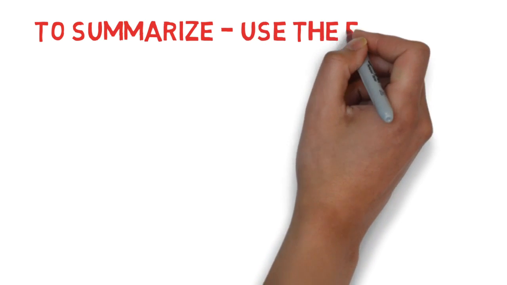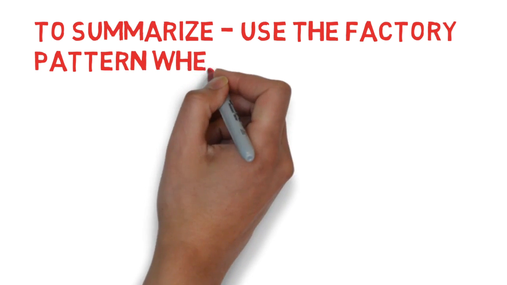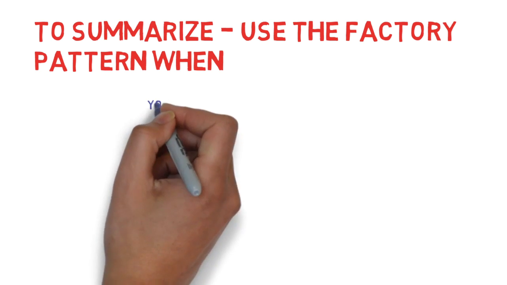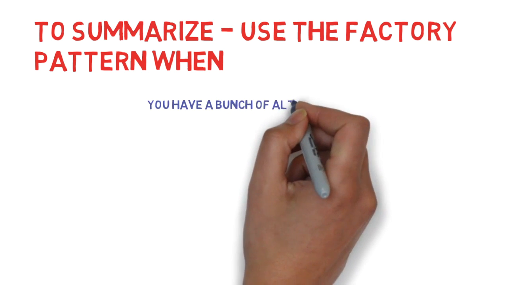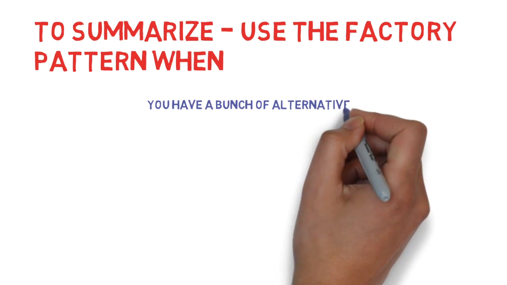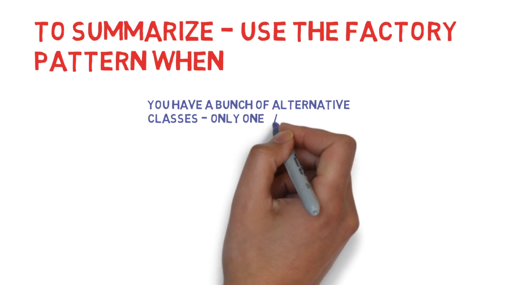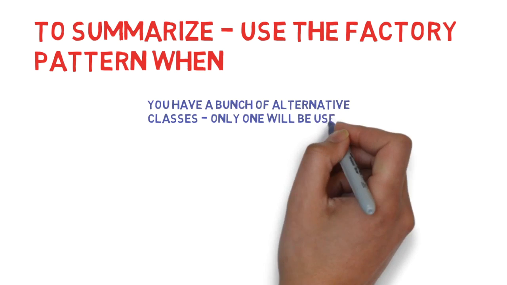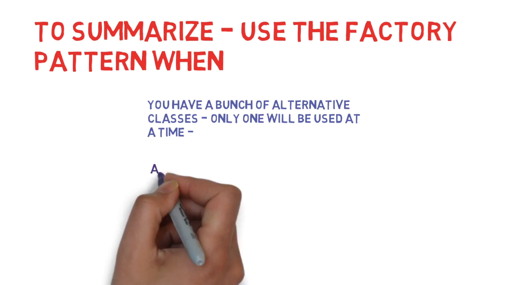Now that we've learned a whole bunch, let's quickly summarize where we use the factory pattern. So we use the factory pattern under two conditions. We have a bunch of alternative classes and only one of these can be used at a time. All these classes achieve the same objective and you want to use just one. That's a great place to use the factory pattern.